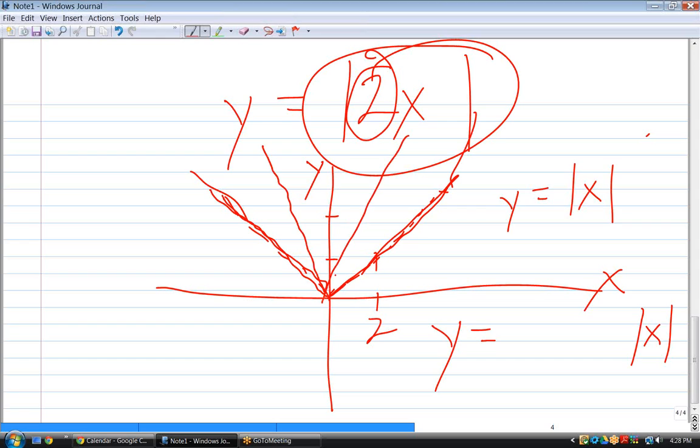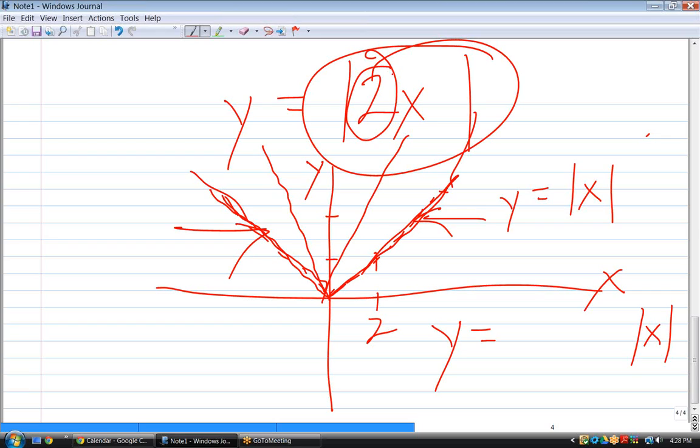Only notice that it's a horizontal squeeze. In other words, if I push in on those things horizontally, it results in a skinnier graph. Right. So always remember that they're opposite.